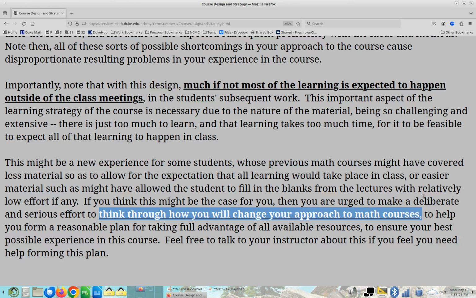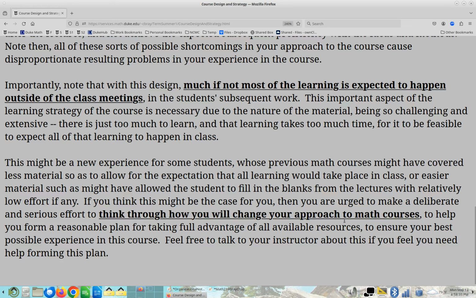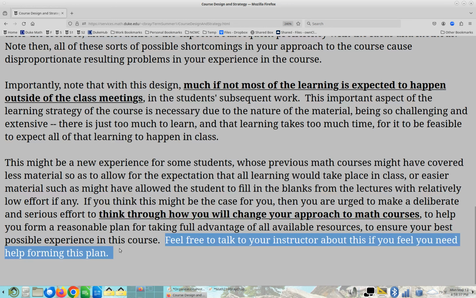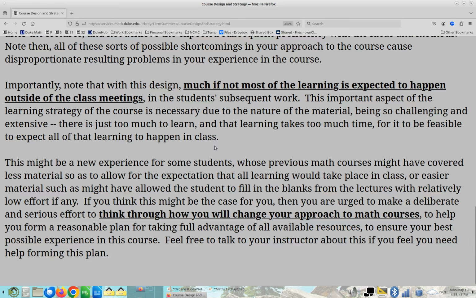Some students will need to make big changes to how they approach a math course with these ideas in mind. Okay, and again, feel free to come talk to me if you're not sure about how to do that. I'd be happy to talk it through with you.